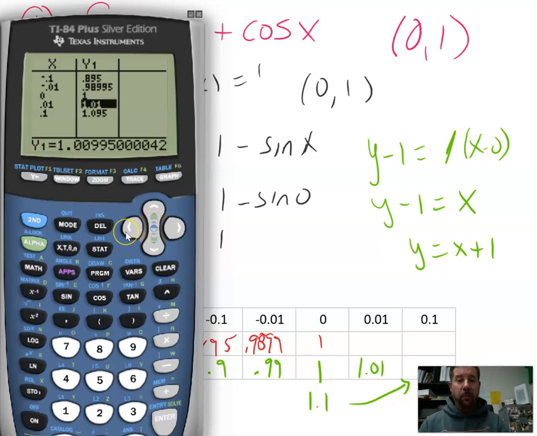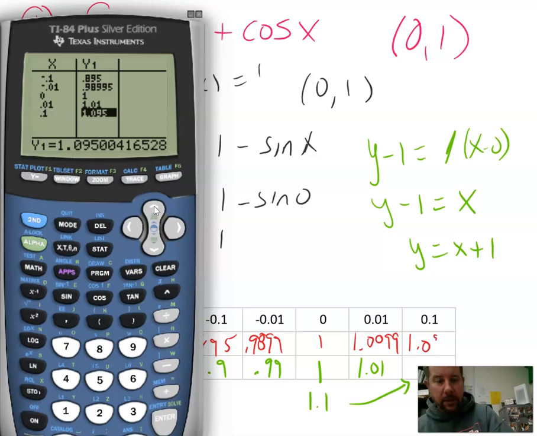And then at 0.01, we want to look down here, not at the number on the screen, because the one down here is the actual number, so 1.0099. And again, that's pretty darn close. And then the very last one is, uh-oh, too far, 1.095.